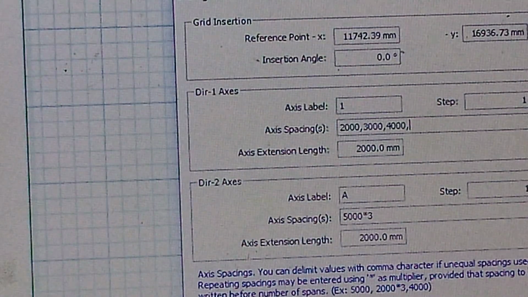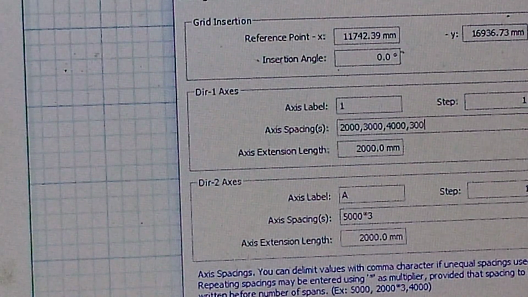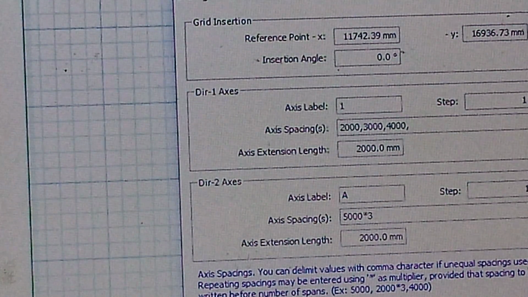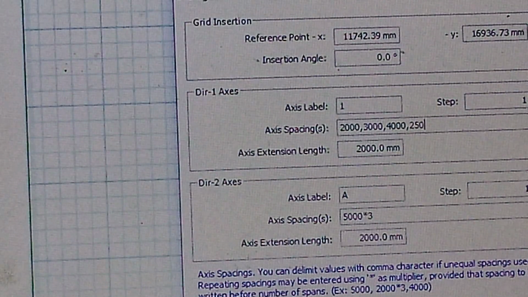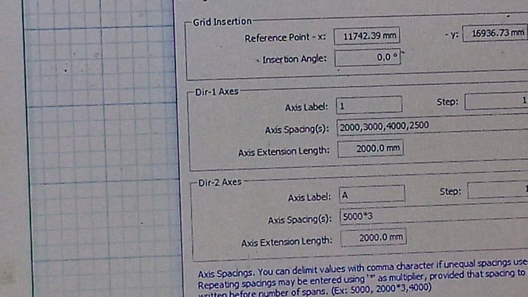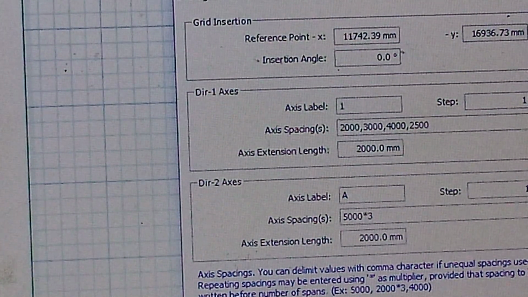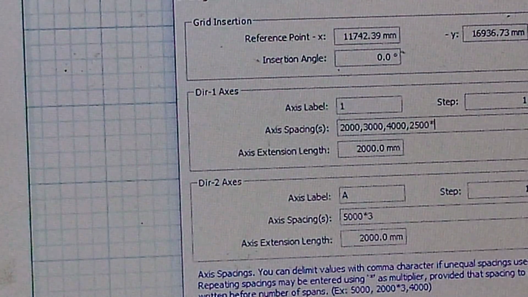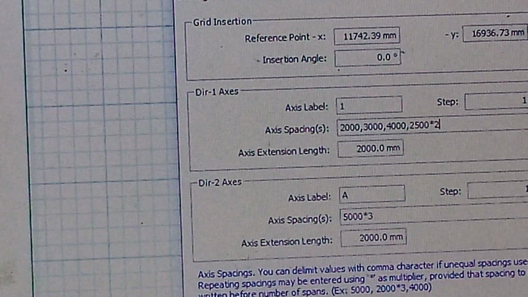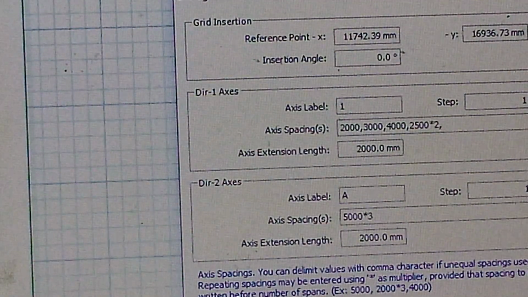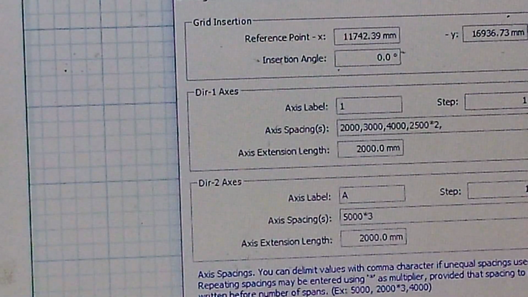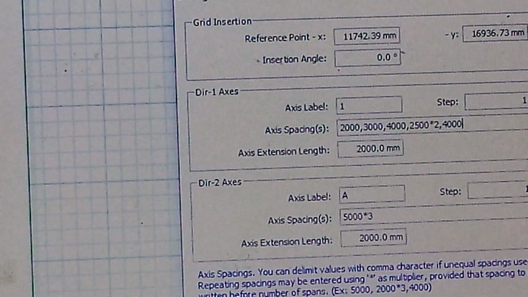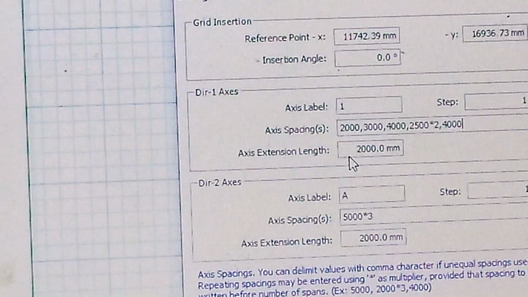So if I say 3000, or let me say 2500 times 2 with my shift, times 2, it tells it 2500 twice. And then let me end with 4000. Then that is for vertical spacing.